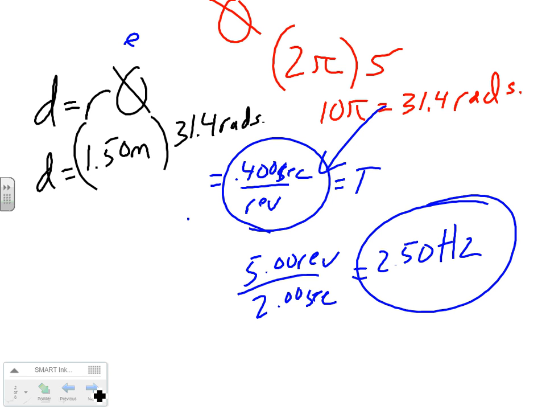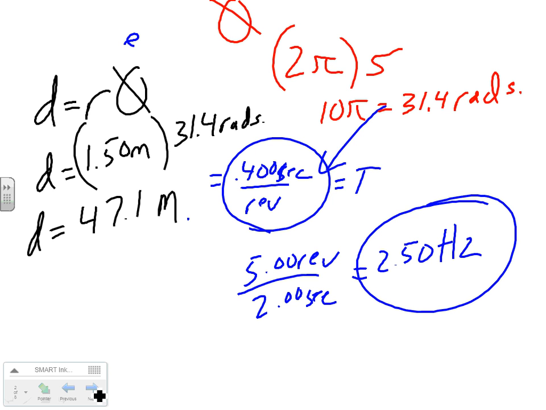So if we do the math on that, 1.5 times 31.4, we end up with a linear displacement, delta x or d, 47.1. Now notice this looks like meters times radians is our unit. But since we're talking linear, we drop the radians. 47.1 meters is our linear displacement.